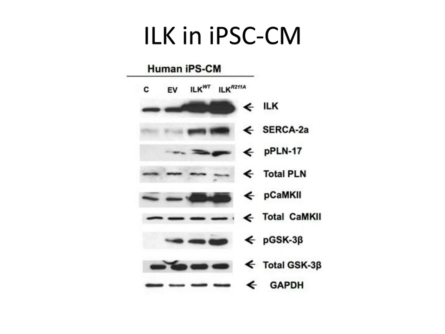So we have control as C, empty vector as EV, a normal integrin-linked kinase, and then we have an integrin-linked kinase that we have identified a point mutation in that makes it constitutively active by blocking interactions with an inhibitory subunit called alpha-parvin. So you can see we get good overexpression of the integrin-linked kinase in these cells.